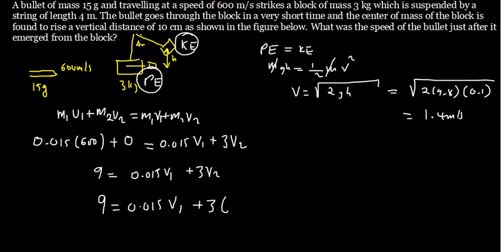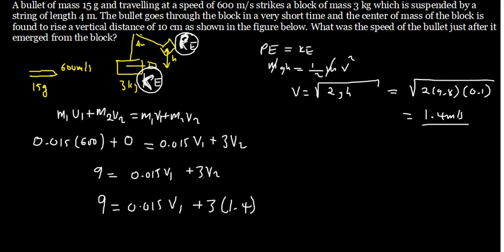So before it was hit by the bullet, it wasn't moving, but immediately it was hit by the bullet, it started moving, and this is the speed at which it is moving. So it has got kinetic energy here, and then on top here it has got potential energy. On top it's no longer moving, that's why it has got potential energy. So the velocity is 1.4.